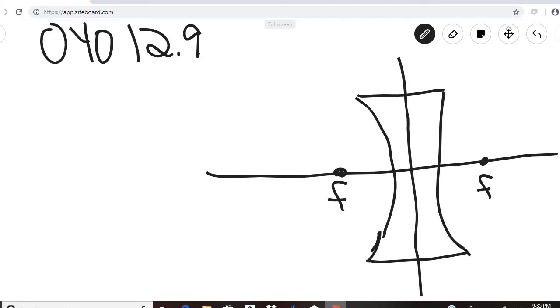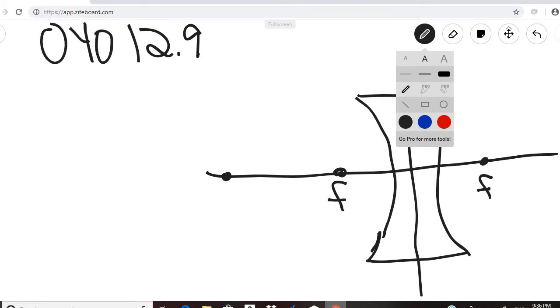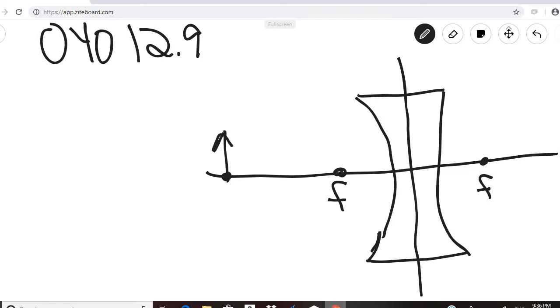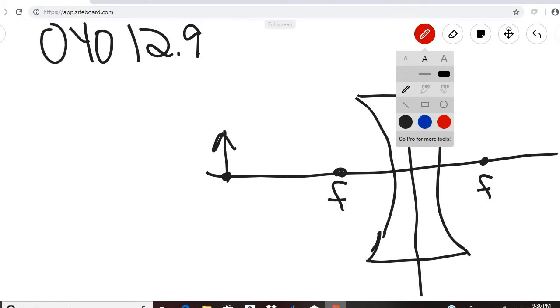And then it says the object is 16 centimeters away. So if that's 7, we're going to at least double that, a little bit more than double that. So we'll put our line right there. Let's look at our two lines.